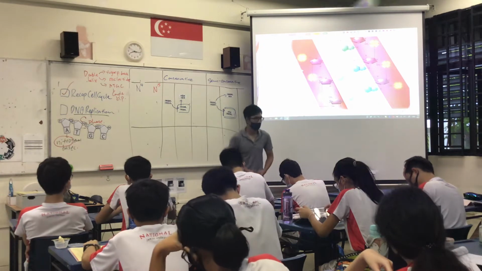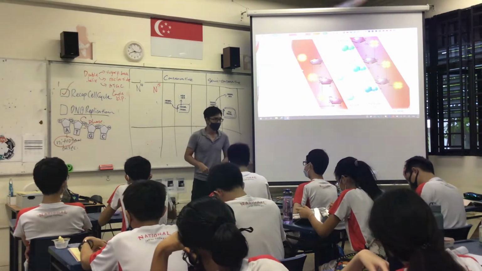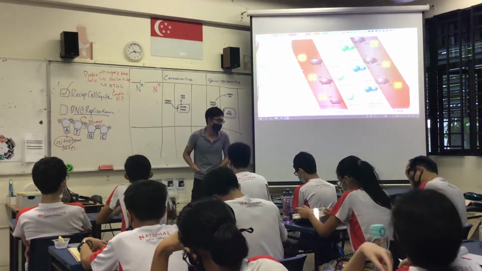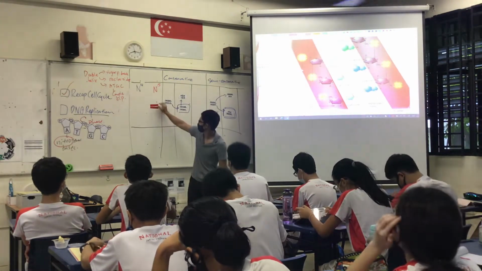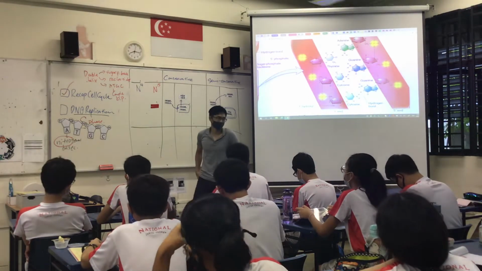So that means if I were to grow a bunch of cells in nitrogen 15, their DNA will be really heavy, right? So imagine now all the double helix really heavy. And here's an interesting part.